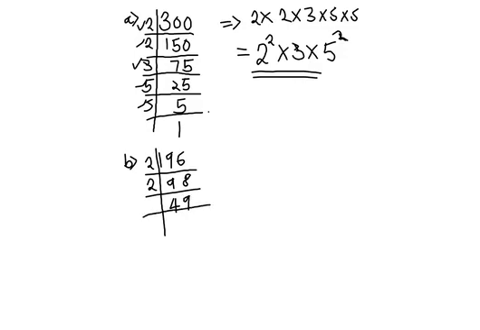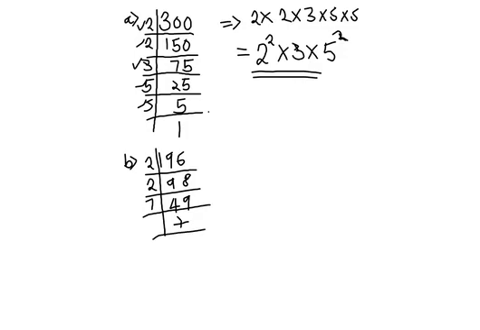49 cannot be divided by 2, so we go to the next prime factor. 3 cannot be divided into 49, so we go to the next factor. We find that 5 also cannot be divided into 49, so we go to the next one, which is 7. So 7, when we divide 49 by 7, we get 7.